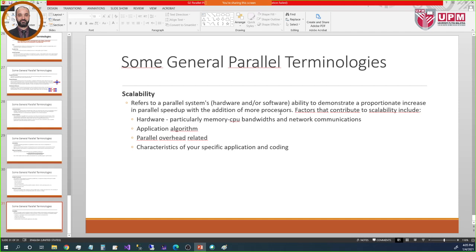So is it easy to increase the number of processors, or to expand the memory, or not? If it is easy to increase, then the scalability is high. If the scalability is low, it means we cannot increase the number of processors or expand the memory. Factors that contribute to scalability include hardware, particularly memory, CPU bandwidth, and network communications. Also application algorithms, parallel overhead, and related characteristics of your specific application and coding.